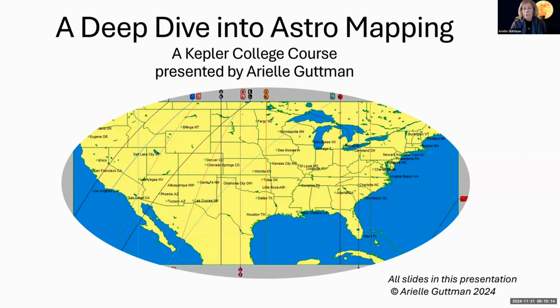And that could be for many reasons, but I'd like to start this course out with more deeper issues involving astrocartography, or astromapping even, because we'll use many, many different types of mapping.